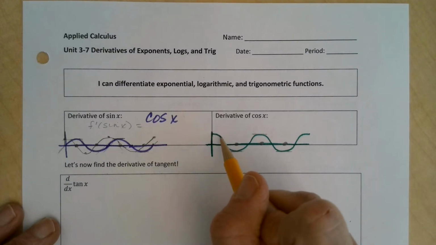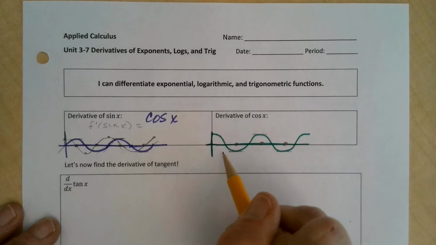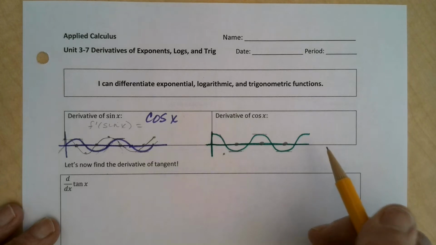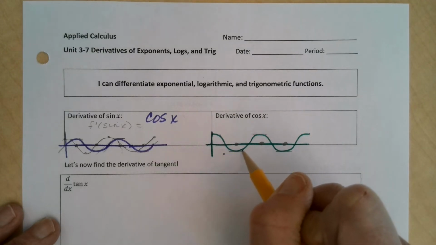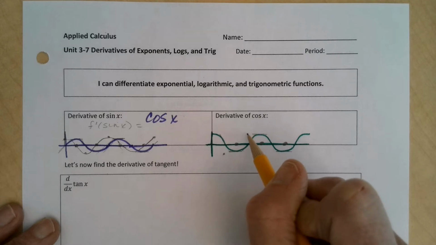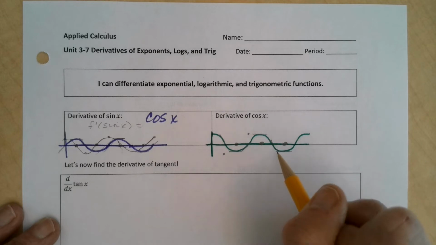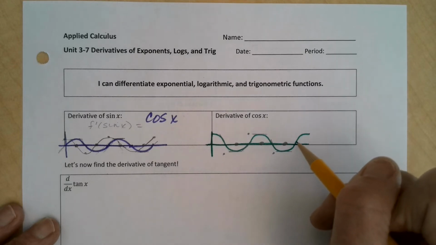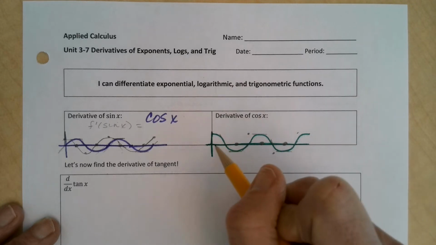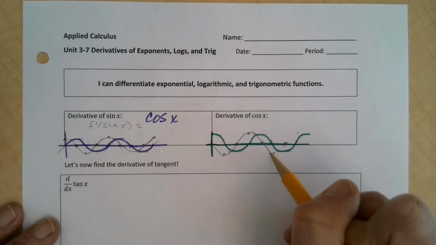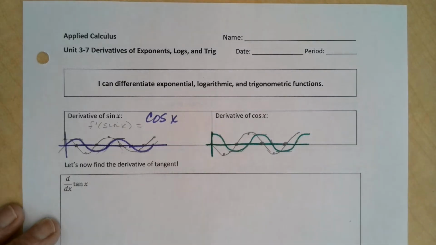Now, we start going negative, so it makes sense that here is where my derivative is negative 1. Here, where my derivative is positive, it's positive 1. Here, negative 1. Here, positive 1. And that's how you see the graph of the opposite of sine.